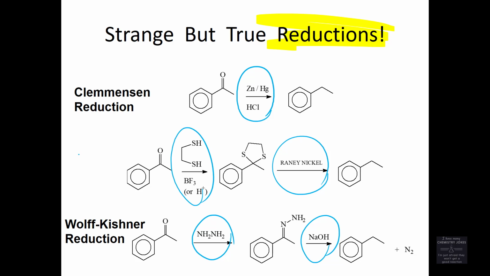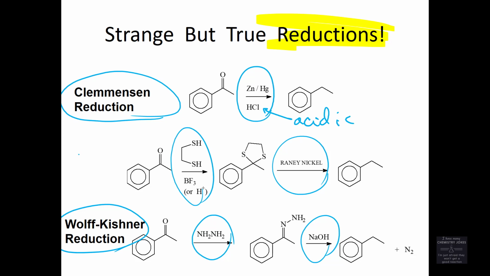The top one has a name of the Clemmensen reduction. The bottom one has the name of the Wolff-Kishner reduction. I don't refer to a ton of reactions by name, but sadly, these 2 I am in the habit of referring to by name. The differences in them: the Clemmensen reduction is done under acidic conditions. The Wolff-Kishner reduction is done under basic conditions.